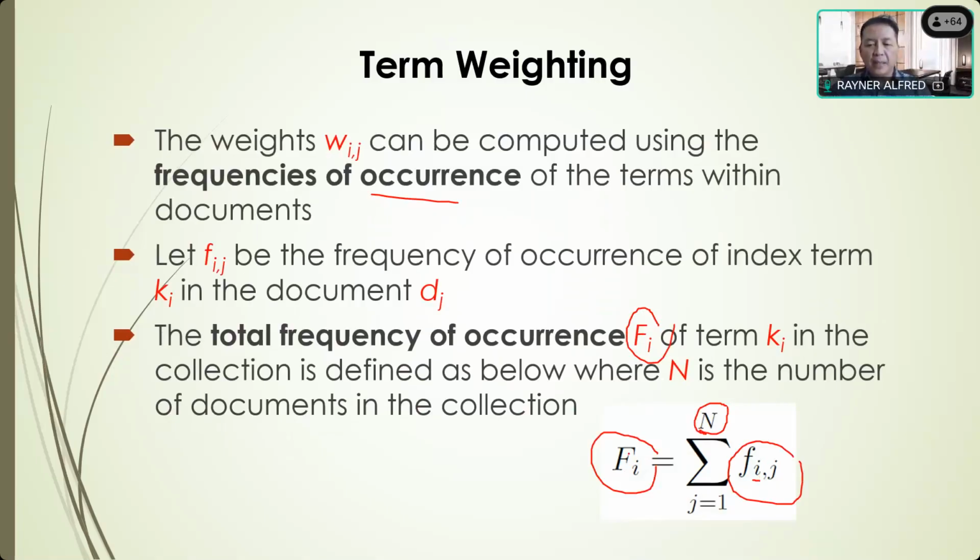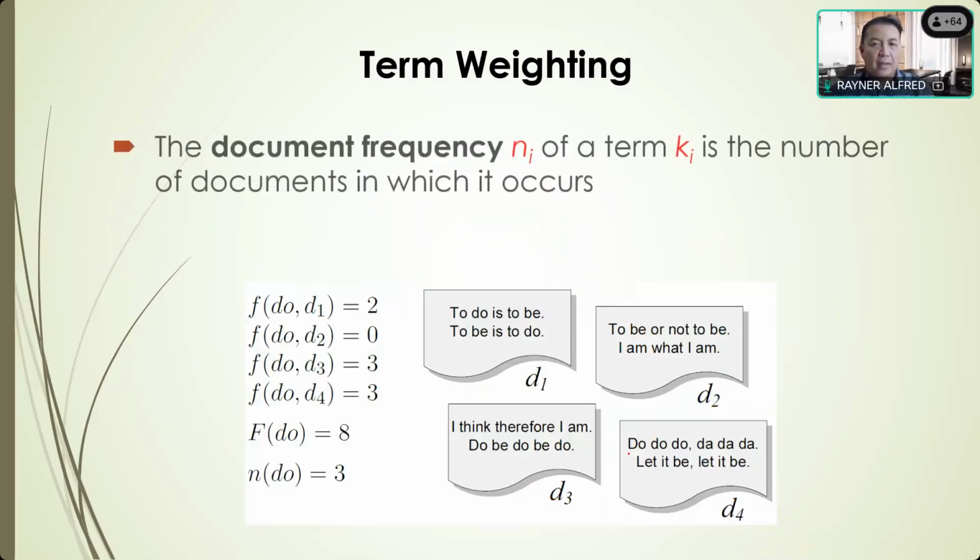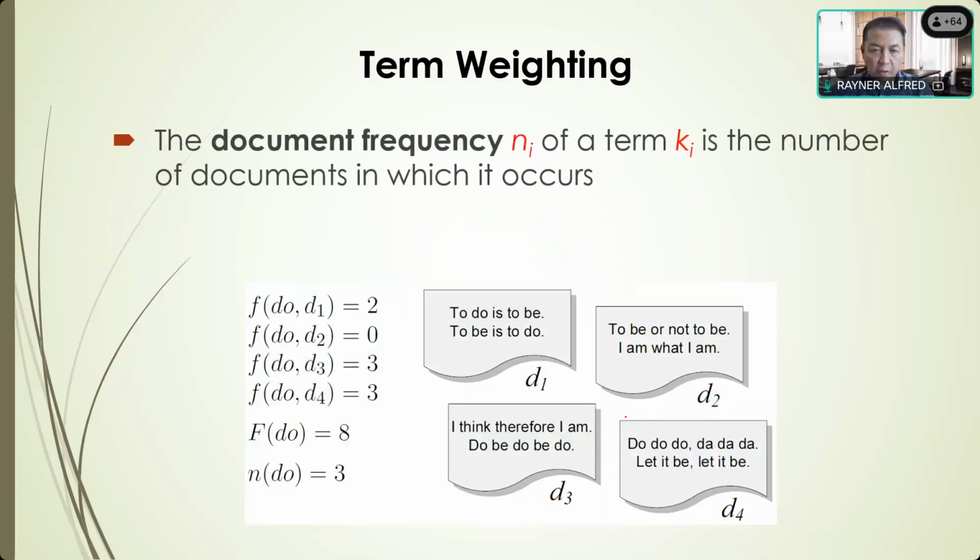Okay, let me show you an example. For example, we have these 4 documents, 1, 2, 3, 4. Over here we are looking at the frequency of "do" in document 1. The "do" here exists only 2 times. The frequency of "do" in document 2 is 0.